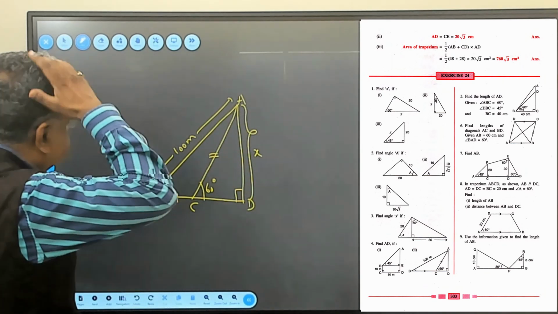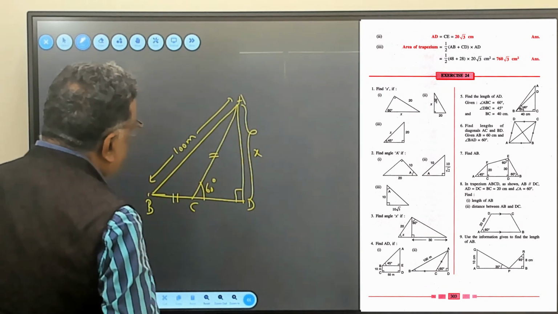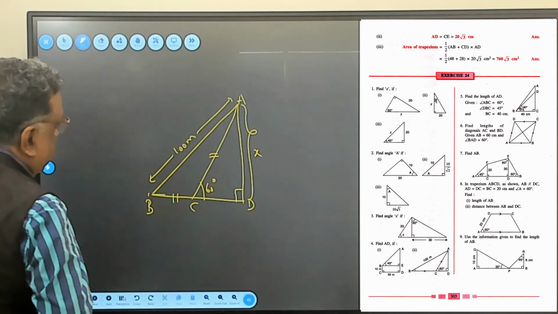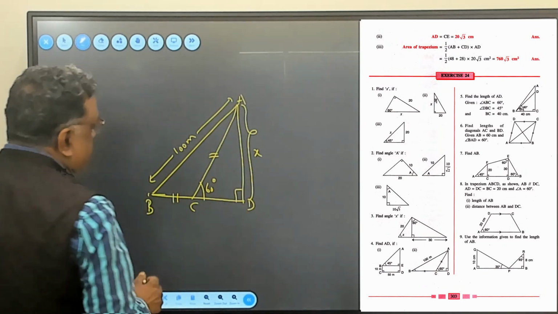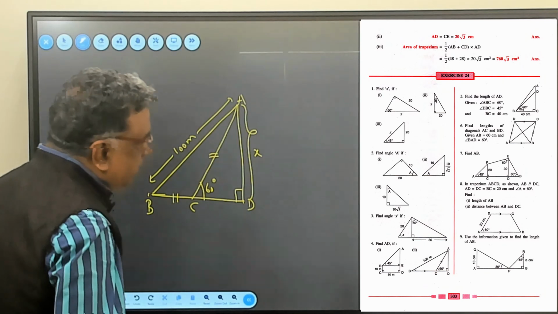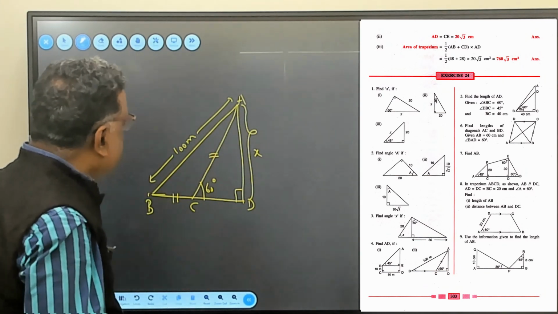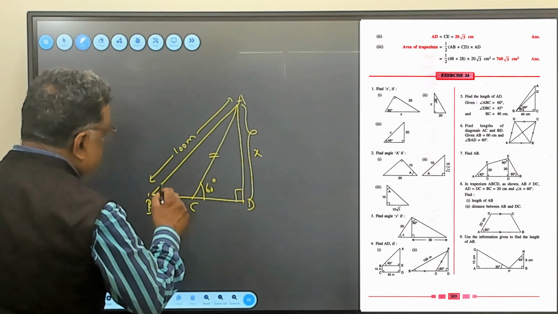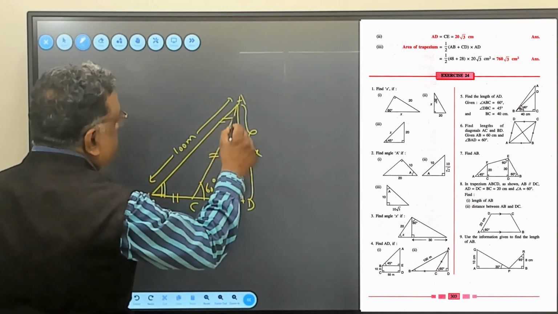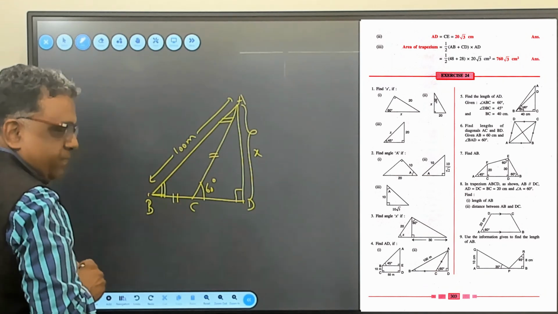Okay, so first of all, if I have to find out x, what I have been given is this, and these two sides are equal, which means this angle is equal to this angle because this is an isosceles triangle. Yes or no?